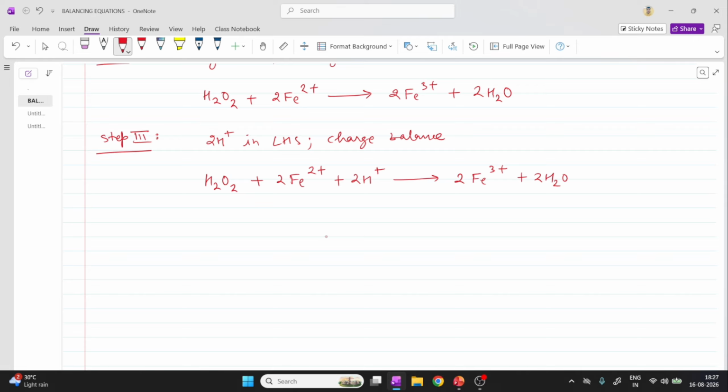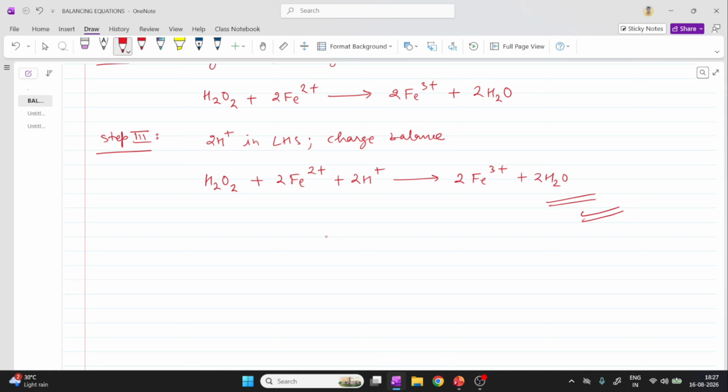H2O is already written, fine, just calculate the hydrogen and oxygen. This side I have H2 and 2H, total 4 hydrogen. This side is also 2 twos are 4H, and oxygen is just O2, 2 oxygen, and this side also 2H2O, so 2 oxygen. So at this moment the equation is balanced. So this is the equation that we have using the oxidation number method.